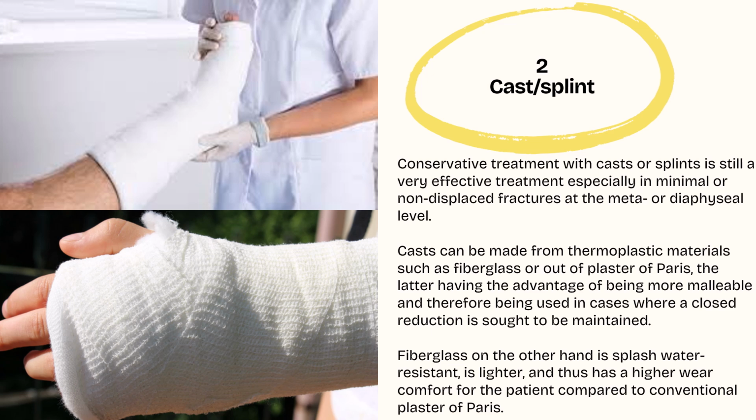They have the advantage of being more malleable and therefore being used in cases where a closed reduction is sought to be maintained. Fiberglass is also splash water resistant, lighter, and has higher wear comfort for the patient.